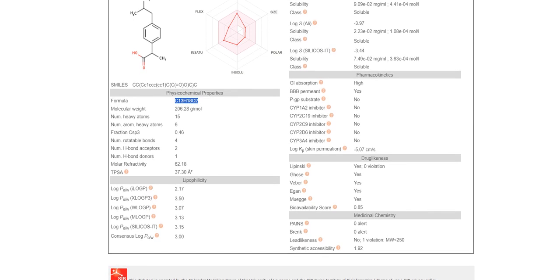We have PAINS alerts, you can see there are 0 alerts, and Brenk alerts are also 0. These two alerts indicate potential false positives and structural fragments associated with toxicity. And if you look at the lead likeness, there is one violation: the molecular weight is less than 250.